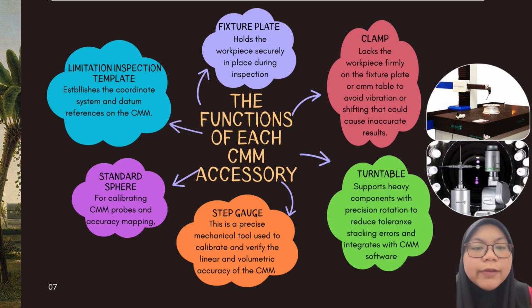Number 5 is the standard sphere. It is used for calibrating CMM probes and also for checking machine accuracy. It is also called a reference sphere or datum sphere. Common sizes range from 10 mm to 50 mm.